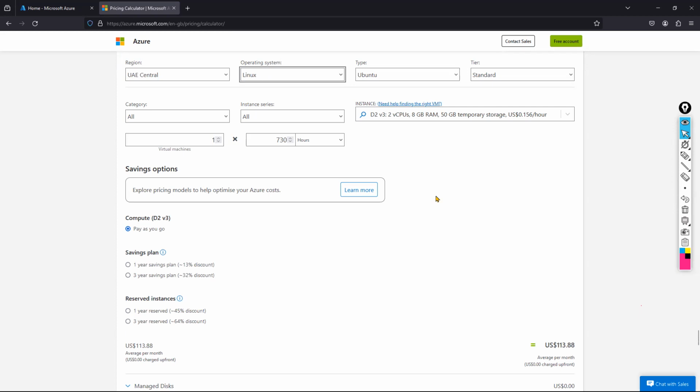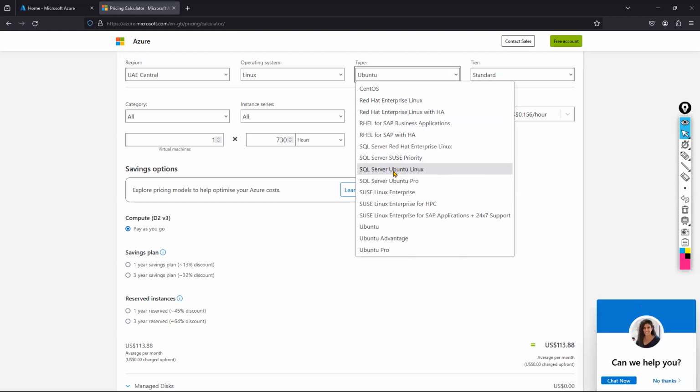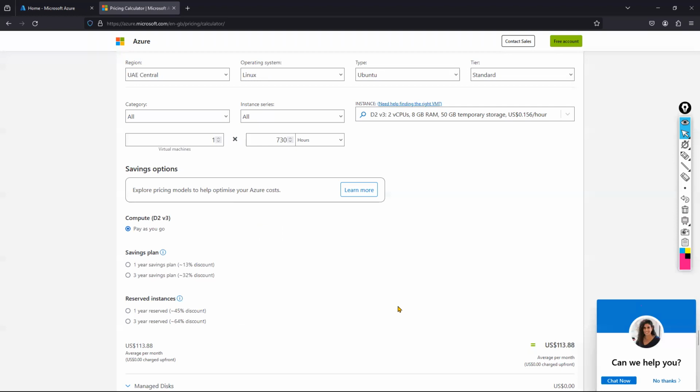We need to bring it from Ubuntu. If you selected RHEL Red Hat, we need to get it from IBM, because IBM acquired Red Hat. And SQL is Microsoft only, but the license depends on what type of license we are procuring, and accordingly that cost is applicable. That is additional, it's not included here.